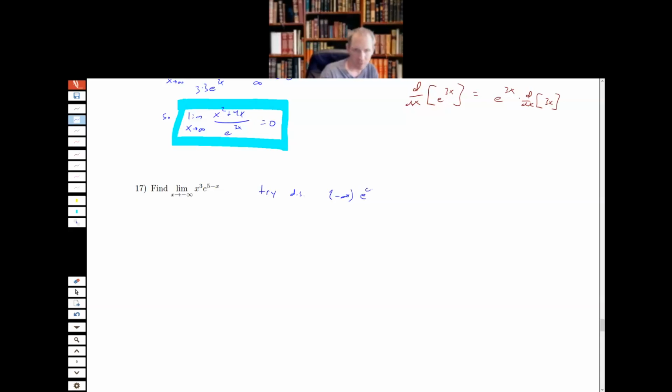So I have like an e to the infinity, which is infinity. So infinity times infinity is not an indeterminate form. That's just going off to infinity. So, well, negative infinity because of the other one. So this limit is just equal to negative infinity.